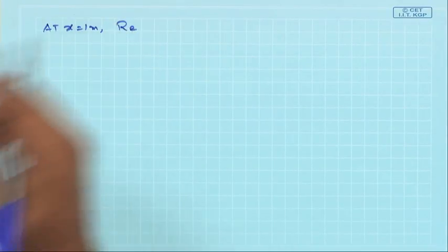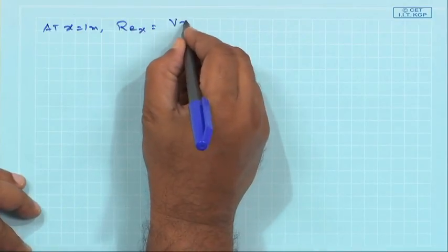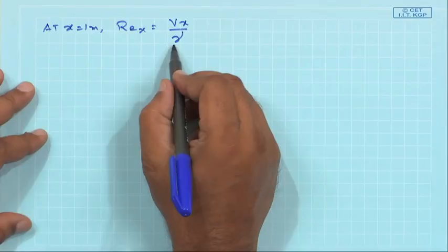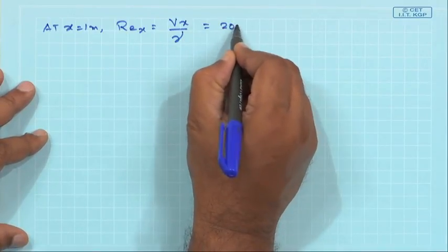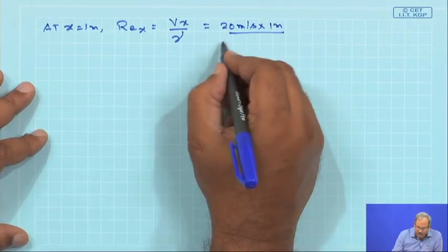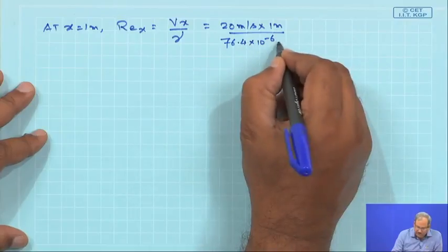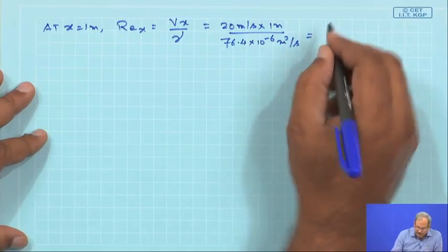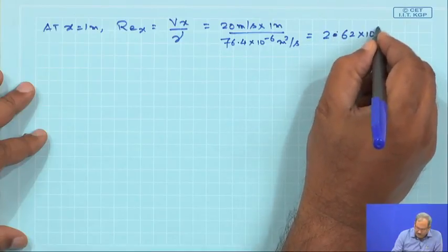the actual value of the Reynolds number is V times x by nu, where nu is the kinematic viscosity of air. So, this is 20 meter per second times 1 meter, and the value of nu is 76.4 into 10 to the power minus 6 meter square per second. This would give you a Reynolds number of 2.62 into 10 to the power 5.